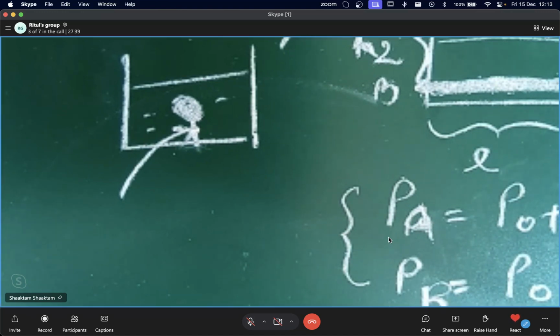So if I replace the cork by an iron ball, your justification remains, right?